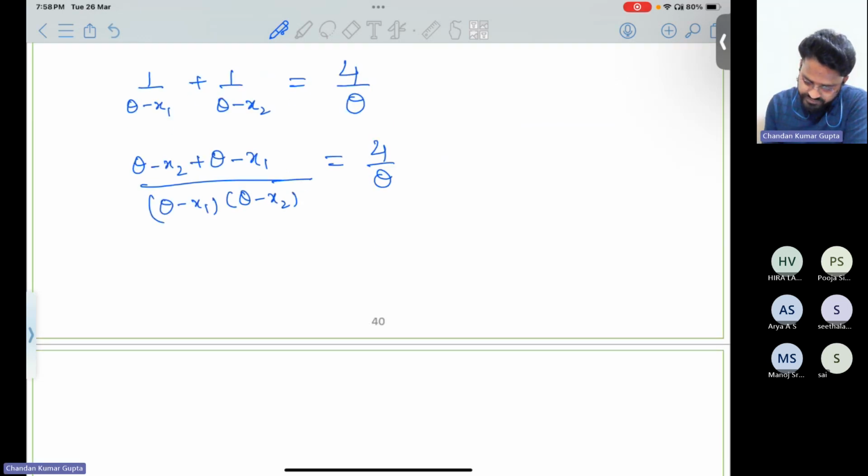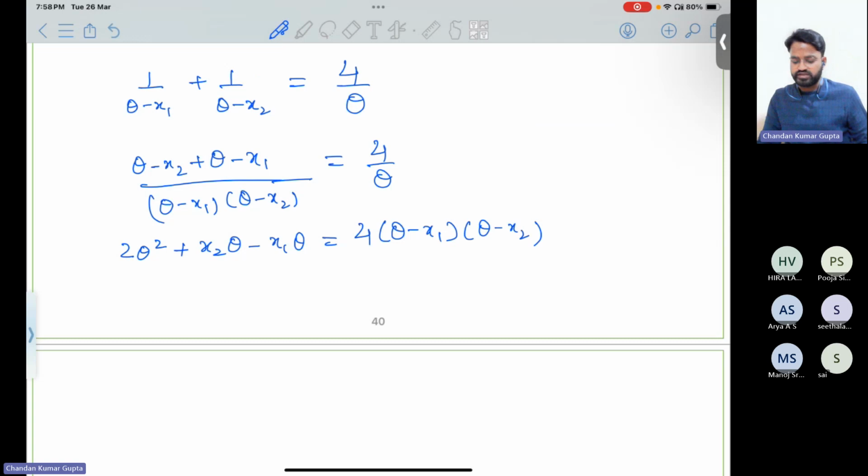From here, it is 2 theta square minus x1 theta minus x2 theta is equal to 4 times theta minus x1 times theta minus x2.